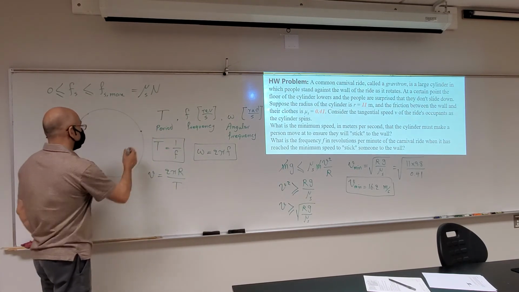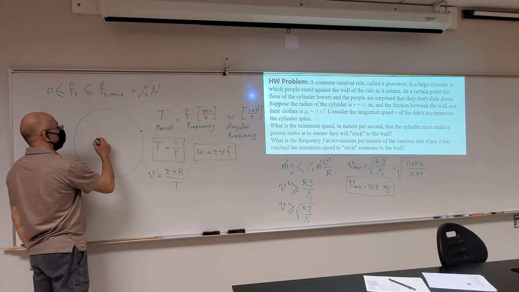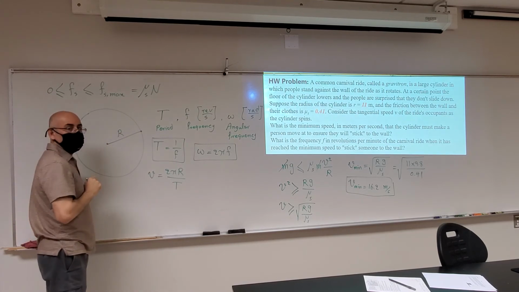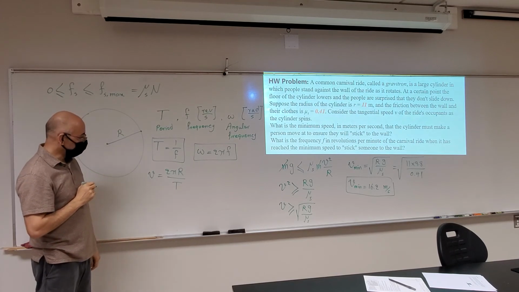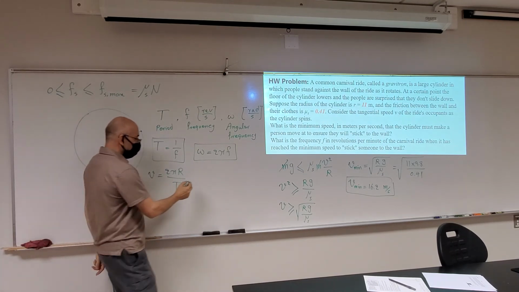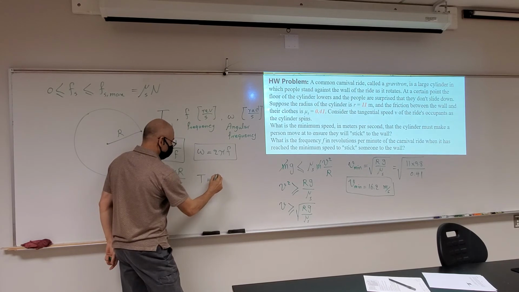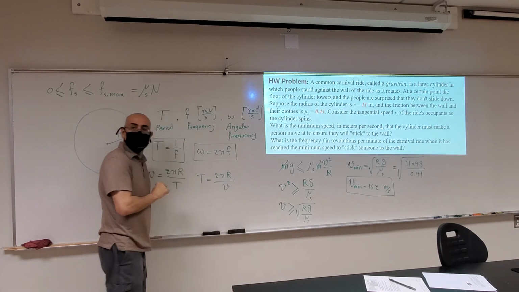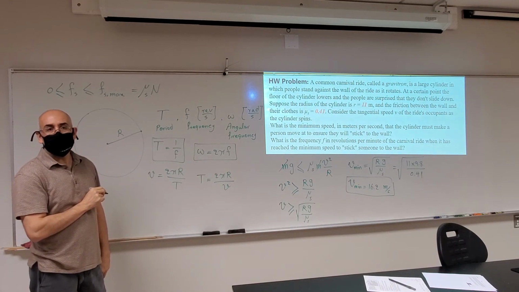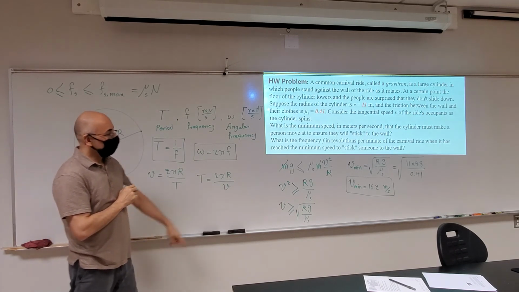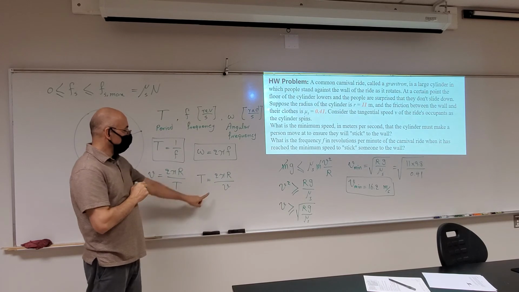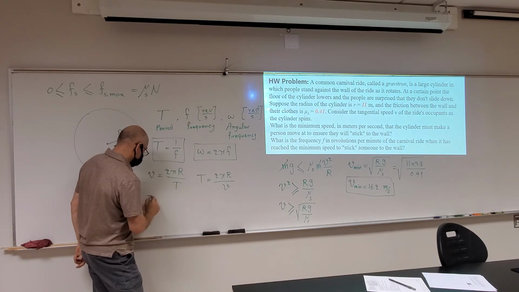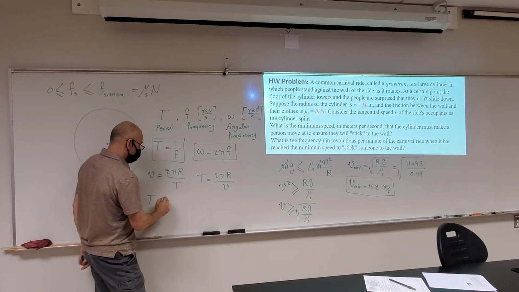The time is T, and r is the radius of the circle. So we can find T. T is 2 pi r divided by v.